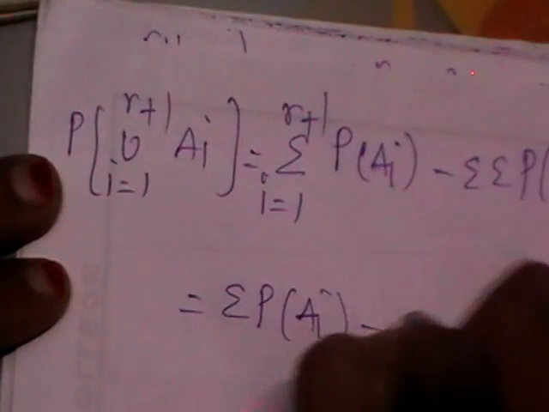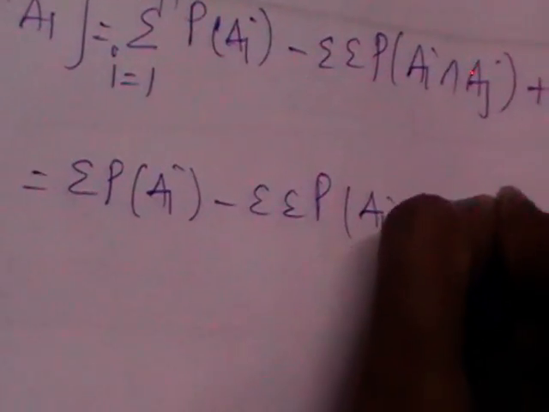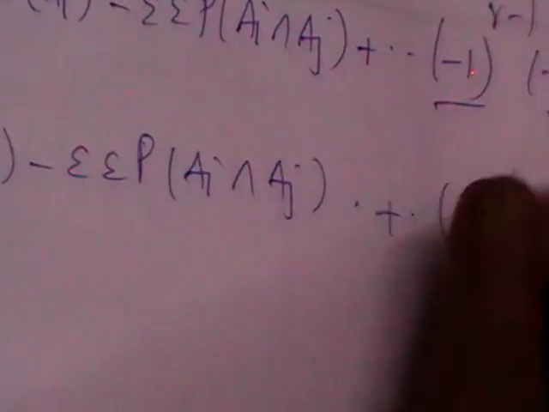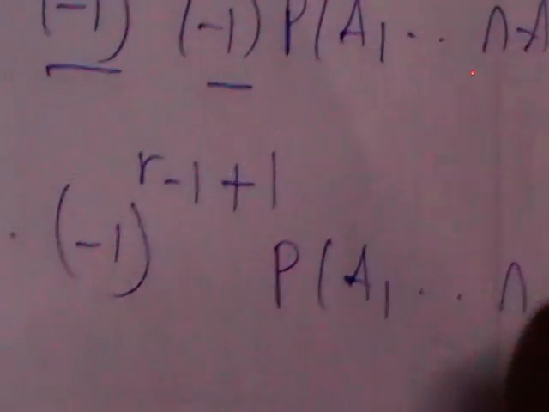So this is sigma P of AI minus double summation P of AI intersection AJ. As the bases are equal, you can add the powers: R minus 1 plus 1. I think this is nothing but the RHS of equation number 3.